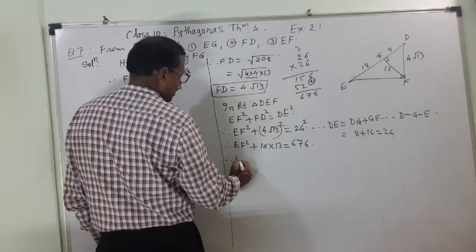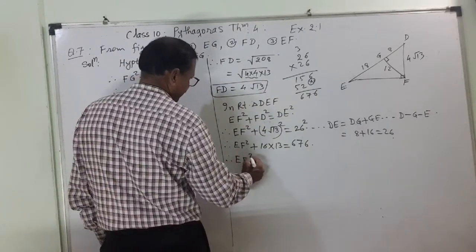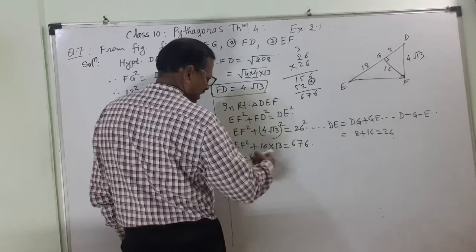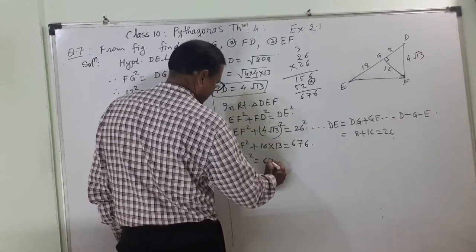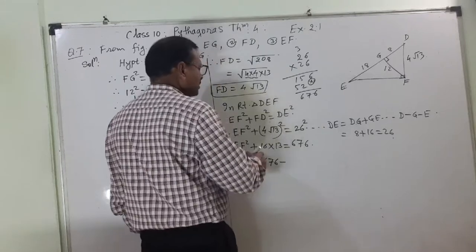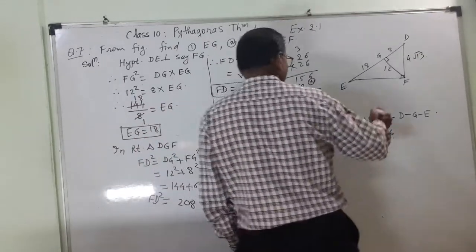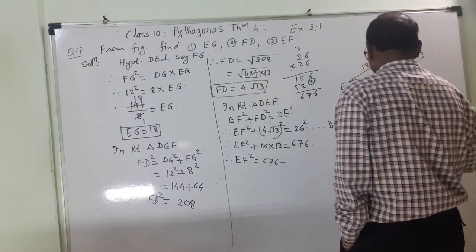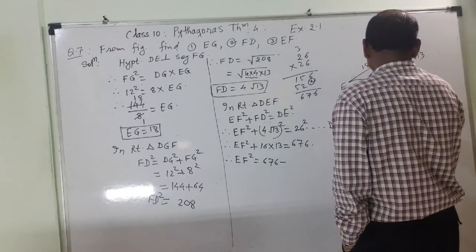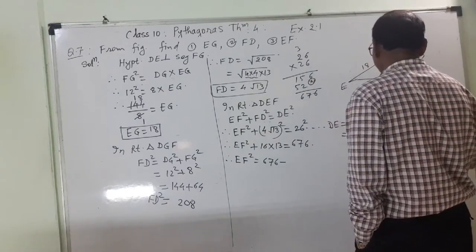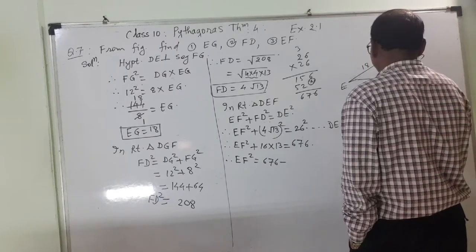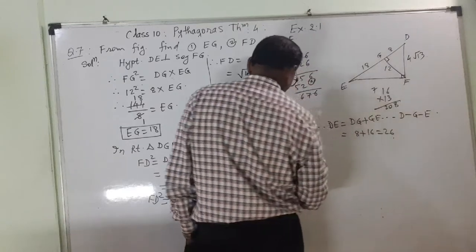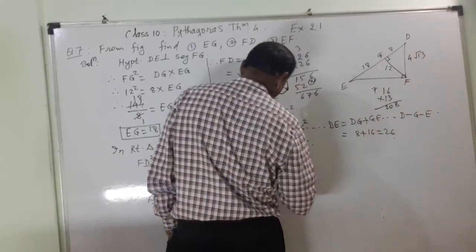Therefore, EF square equal to 676 minus 16 into 13. 16 into 13 is 208.